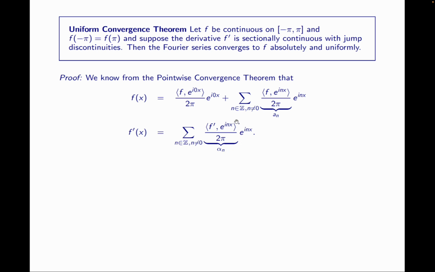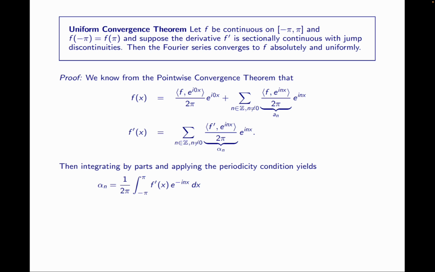I'm going to call the coefficients of the derivative alpha n. Then integrating by parts and applying the periodicity condition yields that alpha n is, by definition, 1 over 2 pi times the inner product of f prime and e to the i n x.